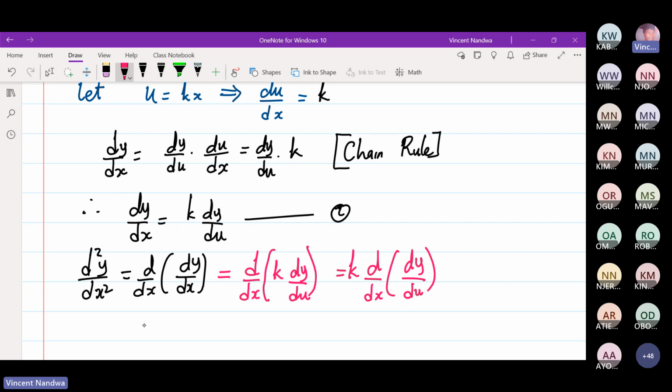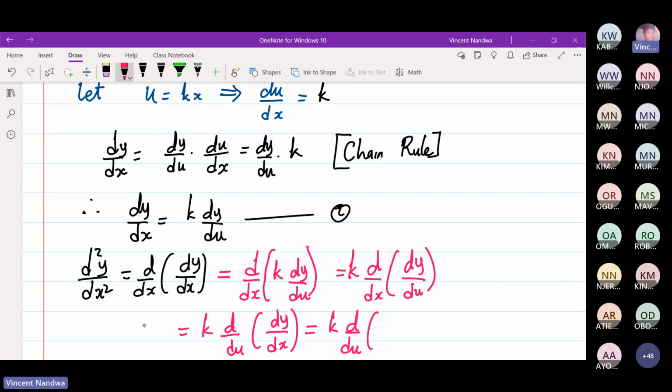So this can be rearranged as k, starting with u and ending with x. The reason I'm using that property of mixed derivatives is that I'm moving away from variable x to variable u, so I want all my derivatives to be purely in terms of the u variable. So this is k d du.